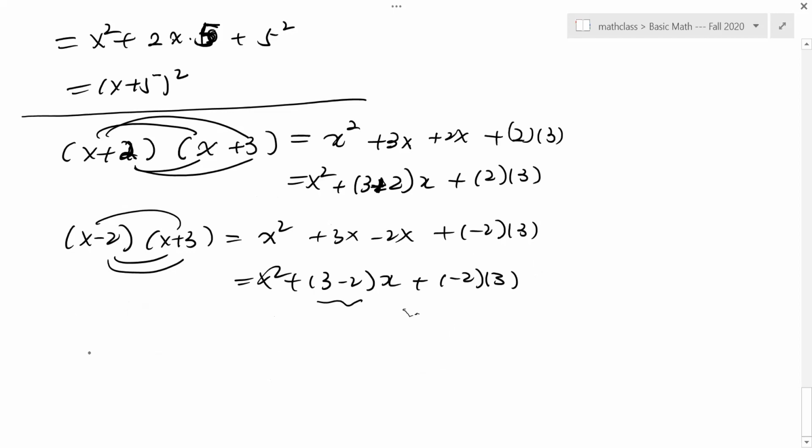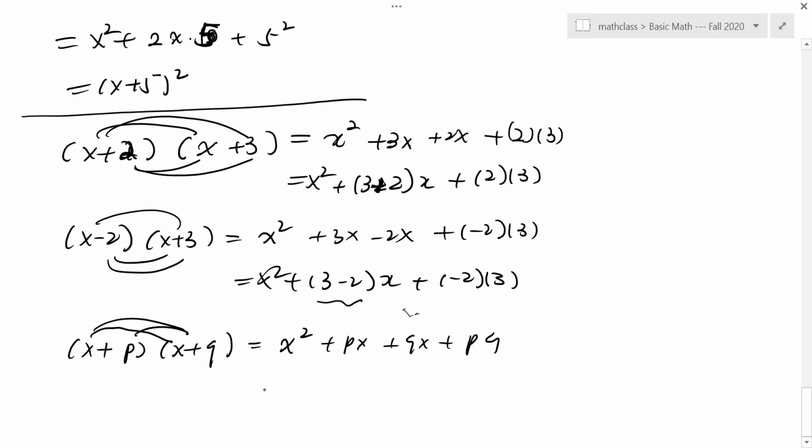If I have x plus p and x plus q, when you multiply this out, you get px, then qx, then p times q. So you get p plus q and p times q.